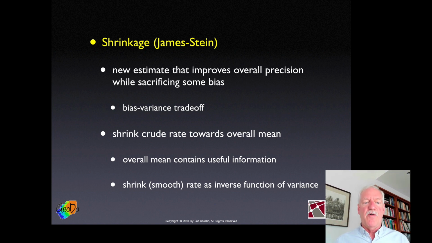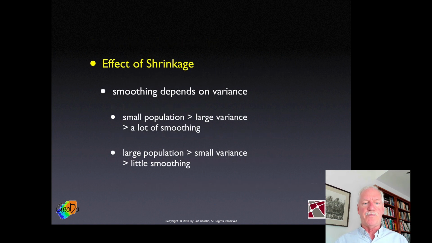And specifically, for small areas, we will shrink the estimate, the crude rate, towards the reference value. And the way we do this is mathematically very complicated. I'm not going to go into the details, but basically it's a weighted average where the weight depends on the variance of the original estimate. So what does this mean? In practice, if you have a large area, it means nothing. Nothing changes.